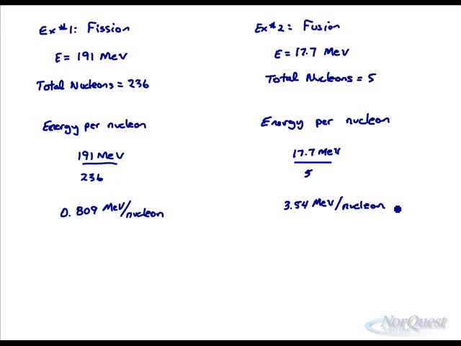You may get a larger number with fission, but the energy per nucleon is not as big as the energy per nucleon with fusion. And that's why cold fusion is the hot new thing in nuclear physics that probably will be developed sometime throughout this century. They'll probably be at that point where we can do cold fusion.